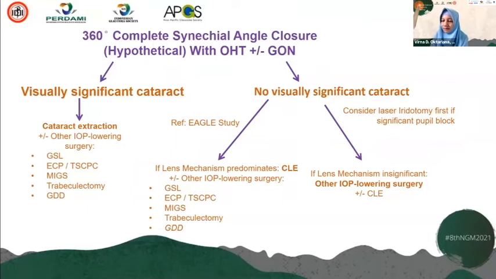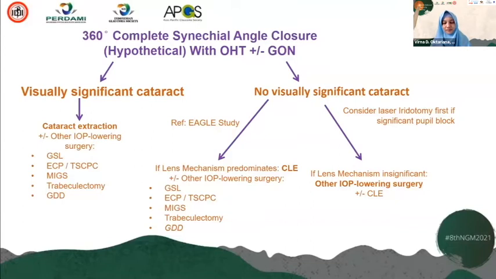Now, I think the main difference between this situation with complete synechial angle closure and the previous situation with 360 degrees appositional angle closure is that in the situation with synechial angle closure, even when you have done something such as cataract extraction to deepen the anterior chamber and widen the drainage angle, the trabecular meshwork may still not be available for aqueous drainage because of the synechial angle closure.